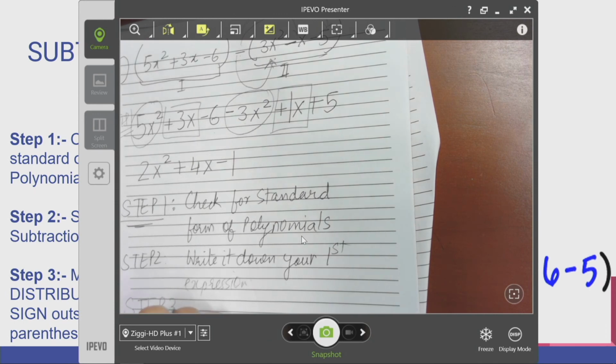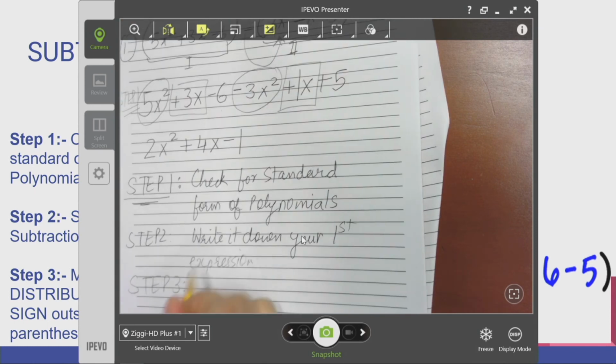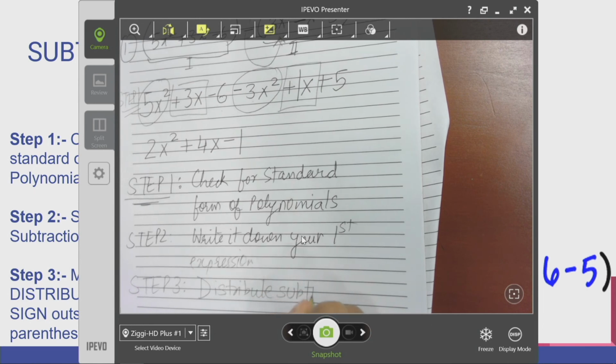Step 3: distribute the subtraction sign to the second expression.